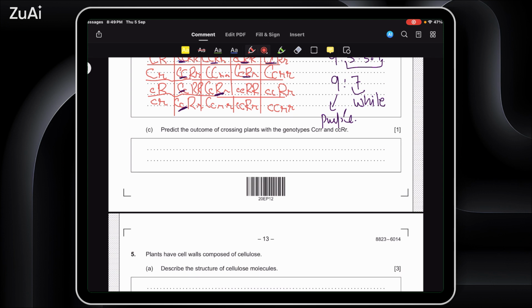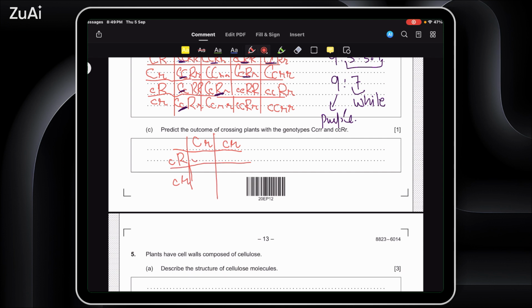Okay, predict the outcomes of crossing plants with the genotype capital C, small c, small r, small r. Yeah, this is very easy. That's a very easy cross. We make the cross: capital C, small r, small c, small r.